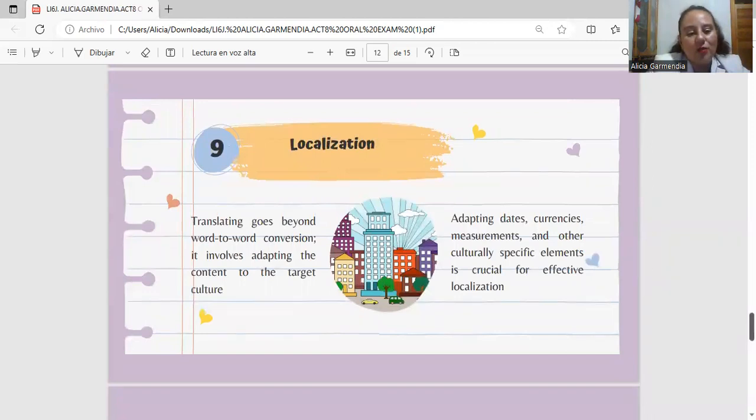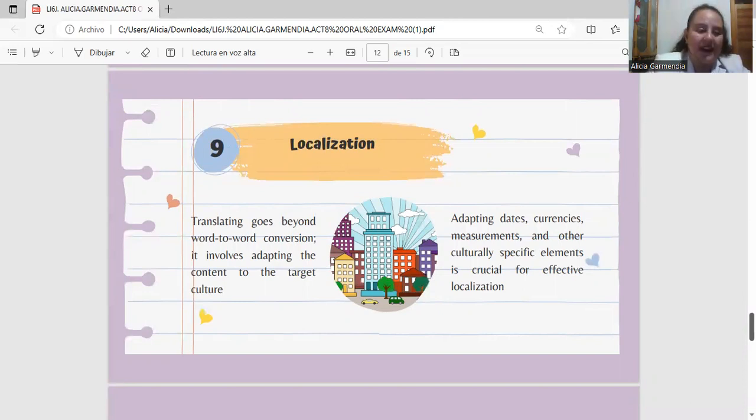Translating goes beyond word-to-word conversion. It involves adapting the content to the target culture. Adapting dates, currencies, measurements, and other culturally specific elements is crucial for effective localization.